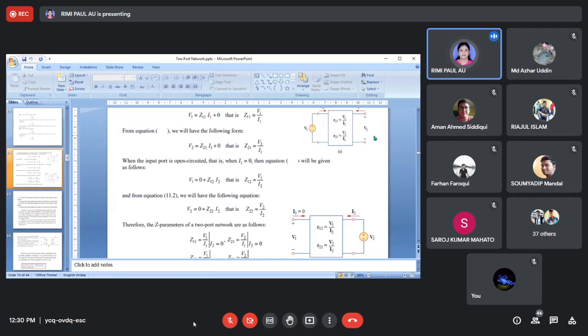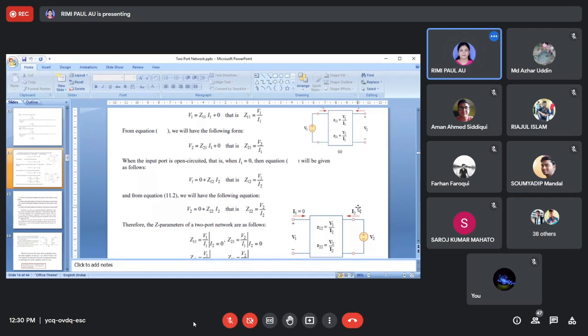Initially the output port was open circuited; in the second case, the input port is open circuited and supply is given to the output port. Due to this output port supply, current entering here is I2. So V2, I2 and V1 we can measure, as I1 is 0. What impedances can we get? Either V2 by I2 or V1 by I2.